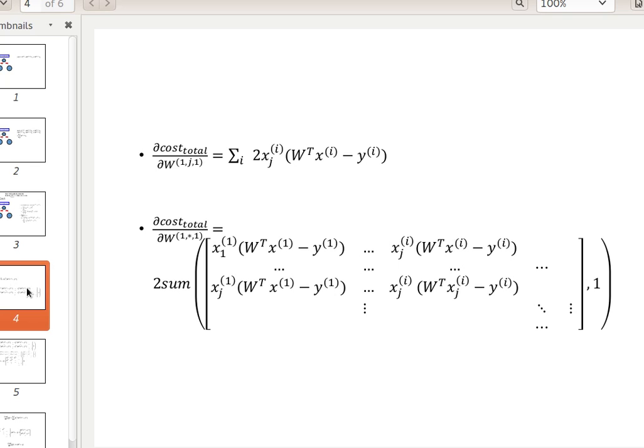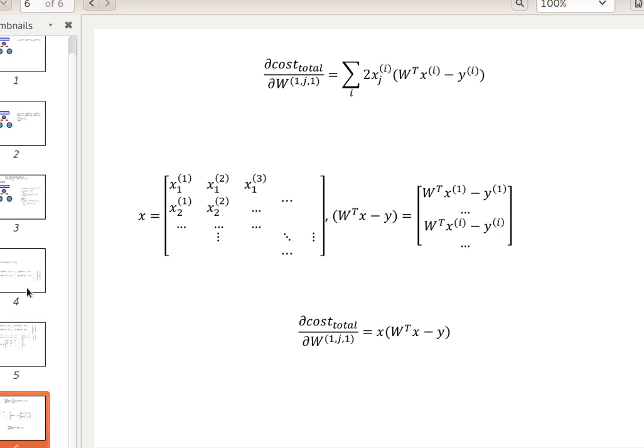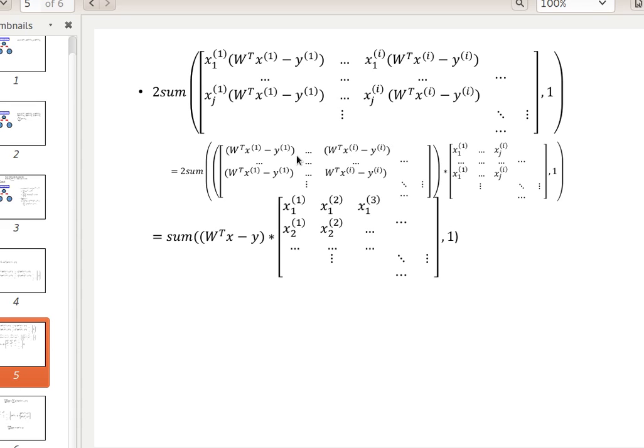So this is what I want to do. I want to elaborate on this a little bit more. Again, this is what we're computing. All right, so this is what I want, and I'll decompose this matrix into an entry-wise multiplication.